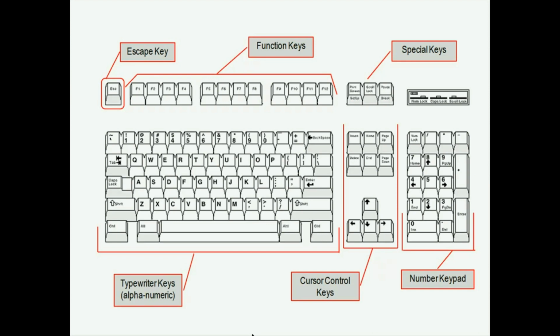And just like regular old-fashioned typewriters, pressing the Shift key, and you'll find Shift keys on the lower left and lower right side of the computer keyboard, those Shift keys enable you to make capital letters out of the regular letters of the alphabet, or if there's two commands on a key, pressing Shift will allow you to type the upper command. For instance, if you wanted to type a dollar sign, you would press Shift and then press the number 4 at the very top where the dollar sign is.